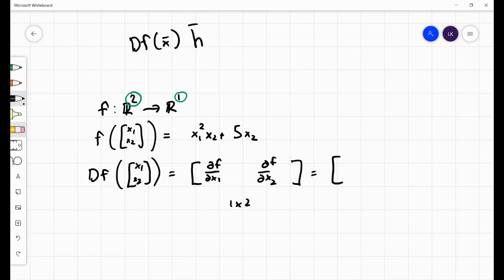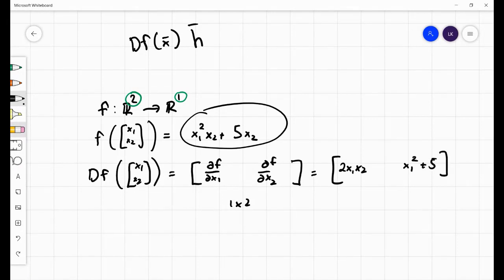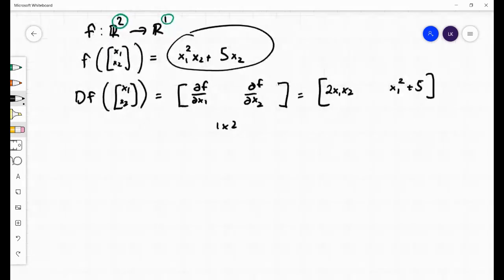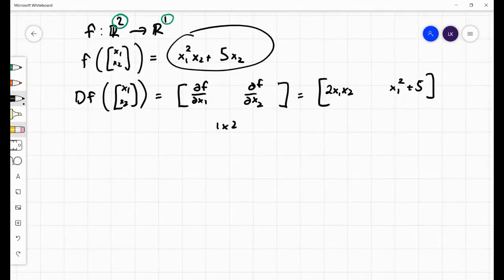So the derivative of f with respect to x1, that's 0. So the next component is the derivative of your function with respect to x2. So this matrix idea matches the gradient we did previously.